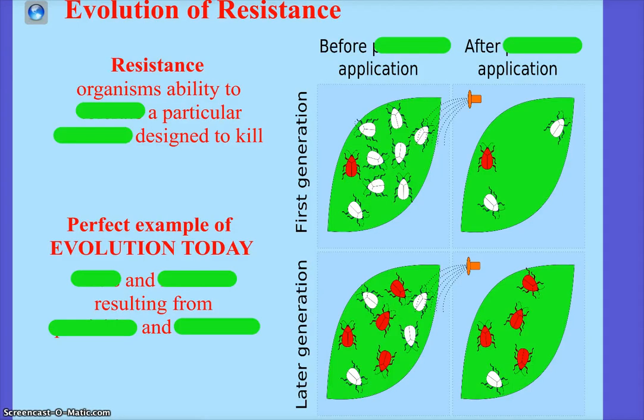And then we have evolution of resistance, which is what? Anybody? Poison is a good word. So you want to know that some organisms can tolerate chemicals that are designed to kill because they carry a favorable trait.